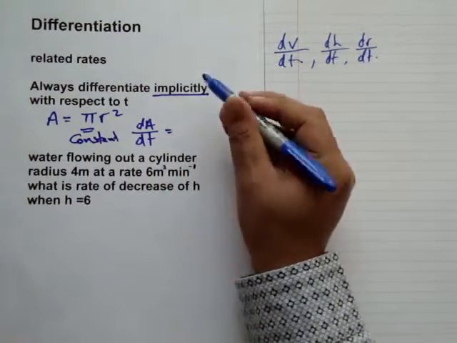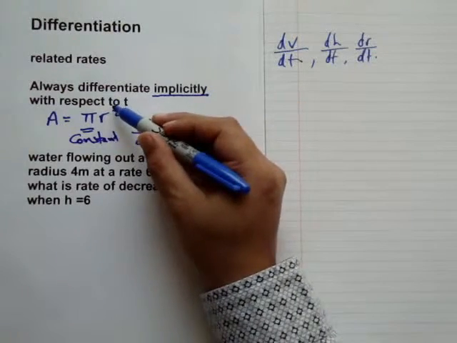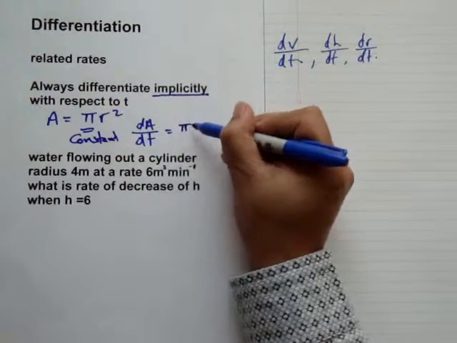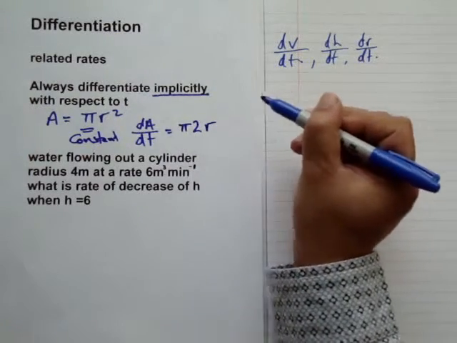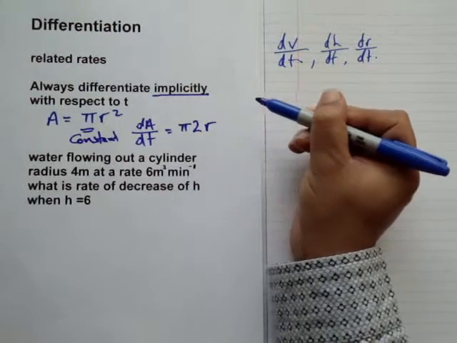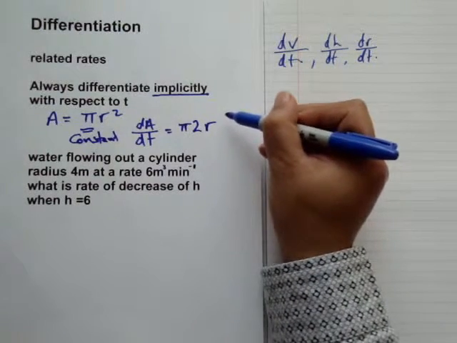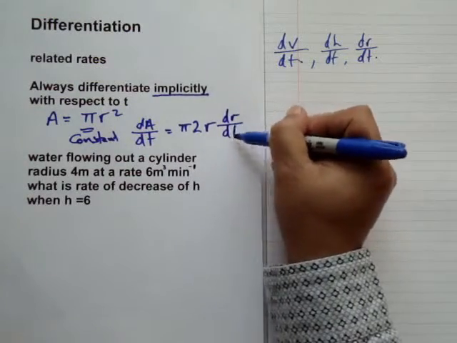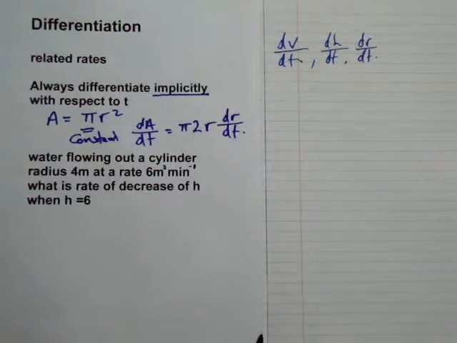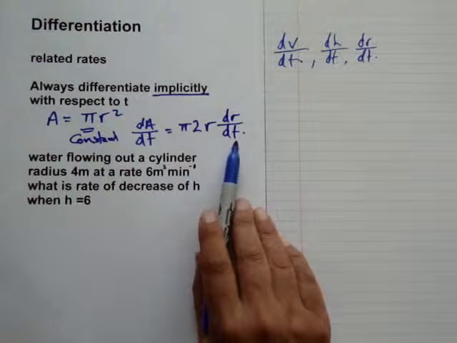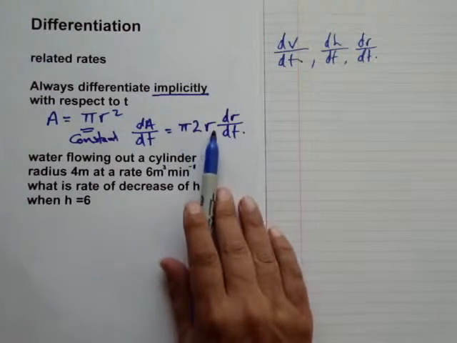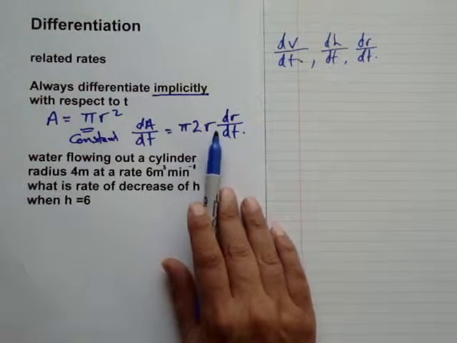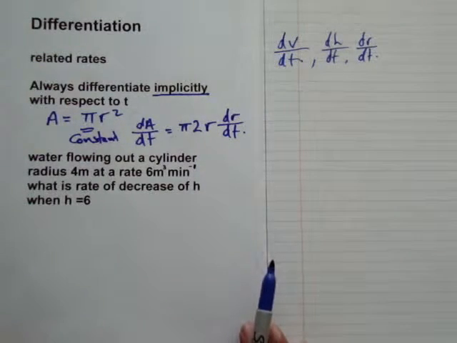So we bring the 2 down and reduce the power by 1, so we get pi 2r, and then also, because we're going to differentiate implicitly with respect to t, we get dr by dt. So this is important when we're doing implicit differentiation. At the end we always put the dr by dt because we're differentiating implicitly.